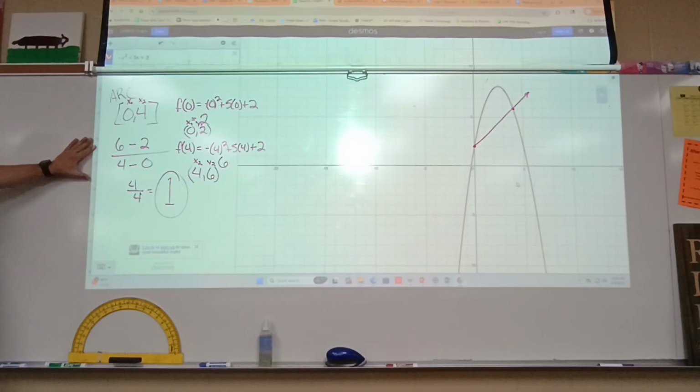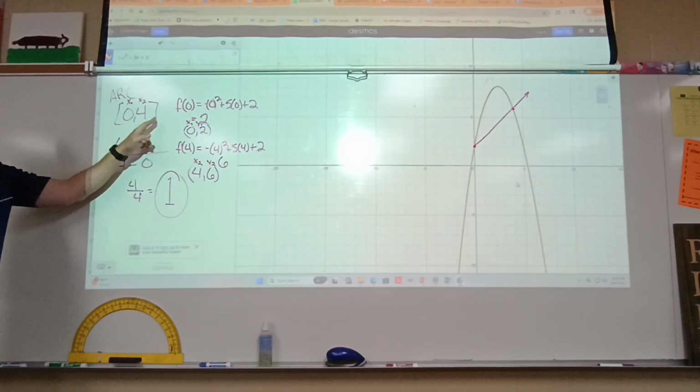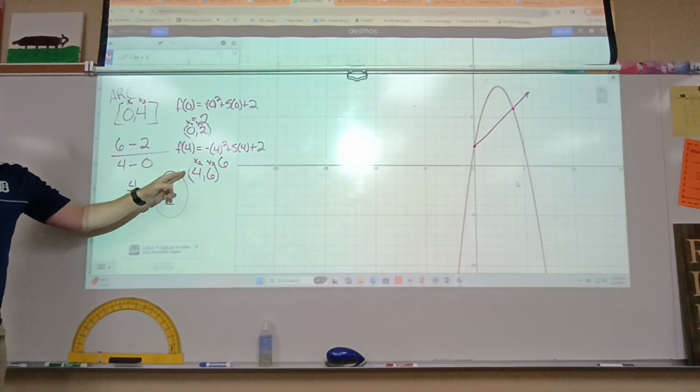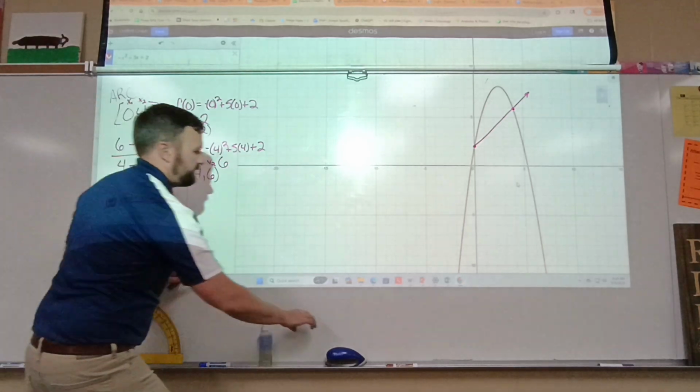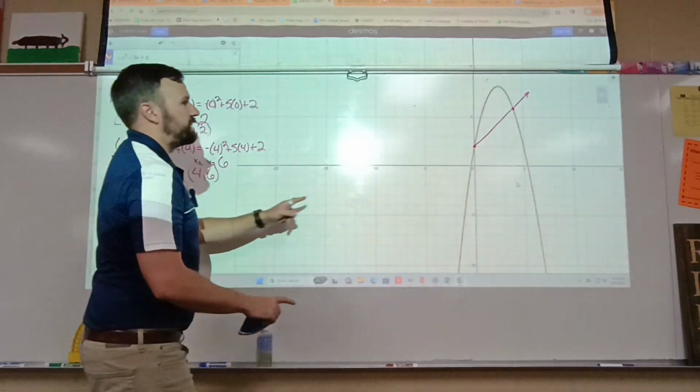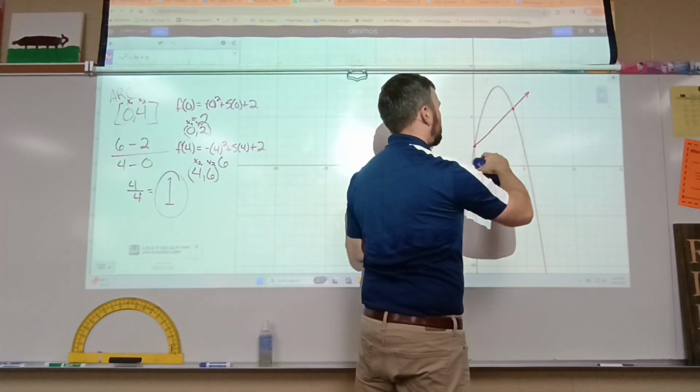The only difference from this and what we did in Unit 1, or Chapter 1, was we have to plug in my x's to get my y's. I have to plug those in to get them. All right. Does that match what I see on the graph? It does.